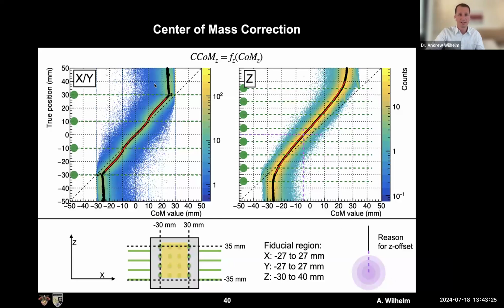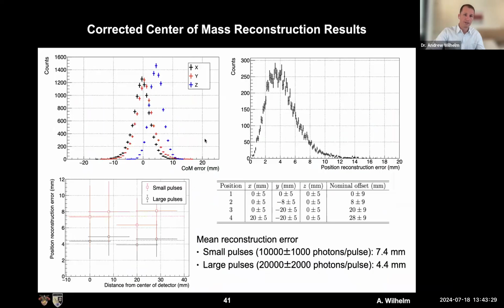We then use this mapping that we created to convert center of mass values to the true positions. Here in the upper left, you can see distributions of reconstructed event positions in X, Y, and Z. On the right is the total position reconstruction error for those events.